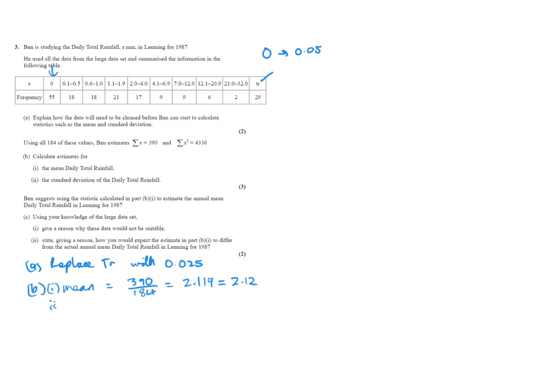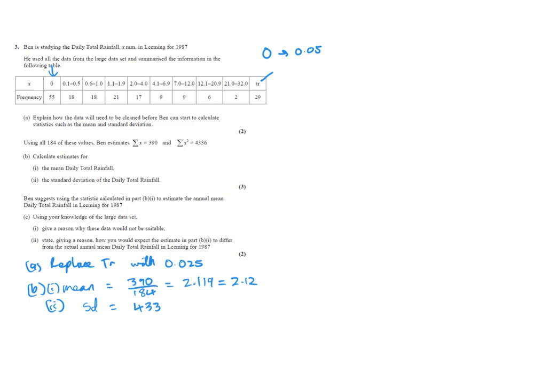Okay, so standard deviation. Then I want the sum of the squares over the 184, minus the mean squared, all square rooted, because that would have given me the variance. So thank you very much.